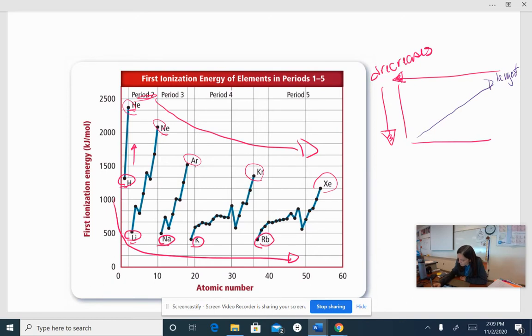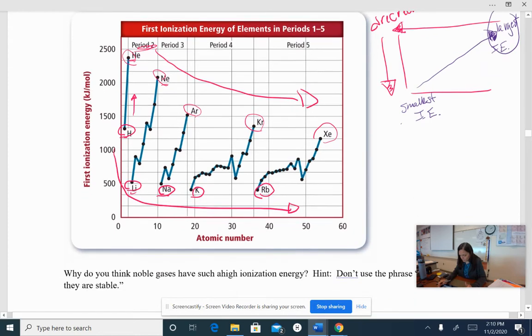So the atoms or the elements at the upper right-hand corner of the periodic table will have the highest ionization energy, and the atoms here on the lower left will have the smallest ionization energy. So these atoms up in the upper right-hand corner are very difficult to pull electrons away from. These atoms in the lower left-hand corner are very easy to pull electrons away from.